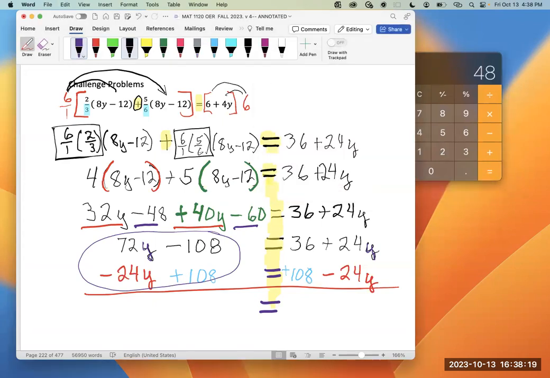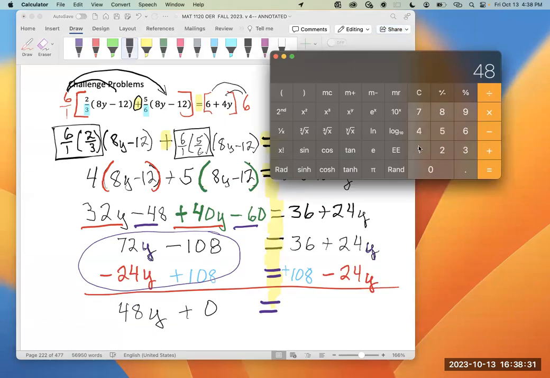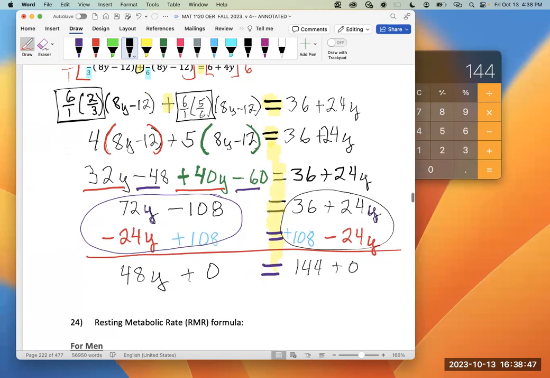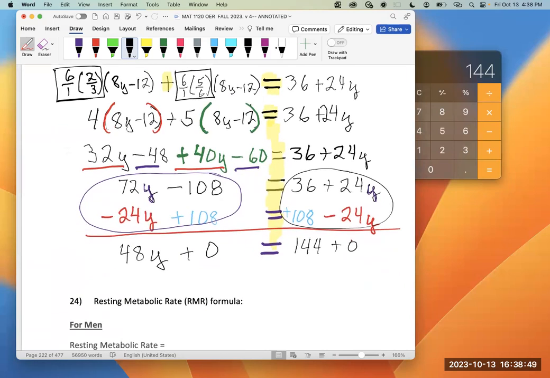So on the left side, I've got 48y plus 0. On the right side, 108 plus 36, 144. So all of this simplifies to be 144 plus 0. Again, you can do the red and then the blue in 2 separate steps if you prefer.